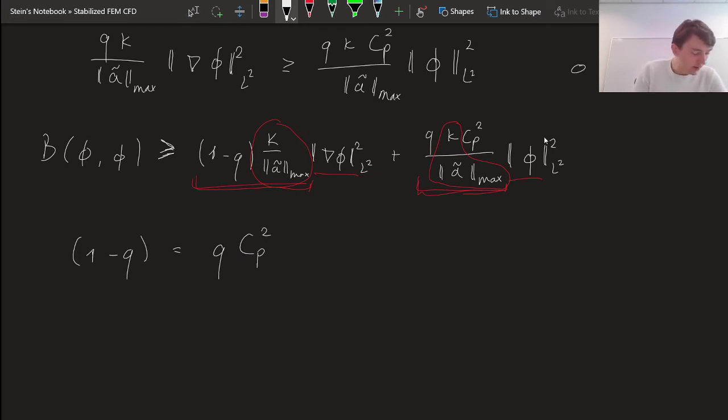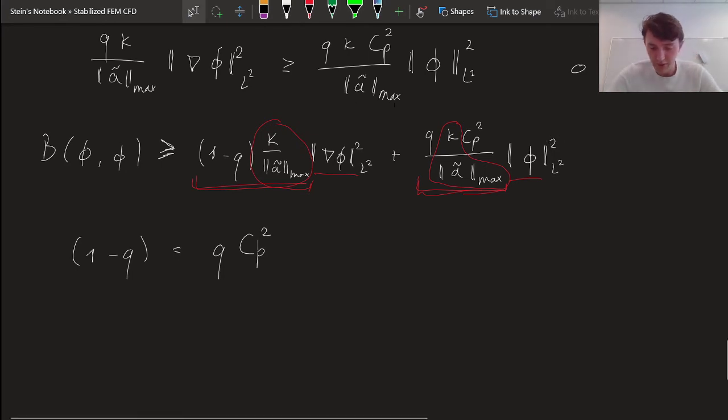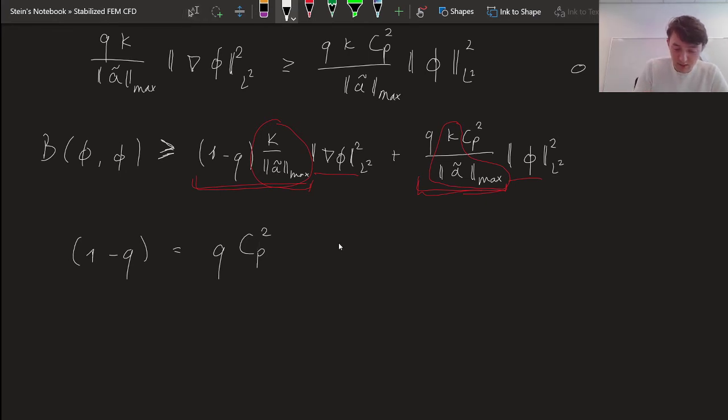So what do I get here? Let's move all the q's to the same side. It's going to give me q plus q Cp squared, or q times 1 plus Cp squared.